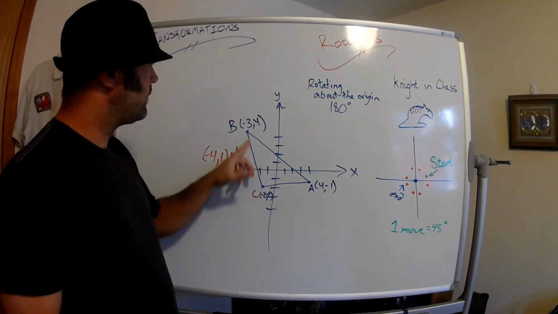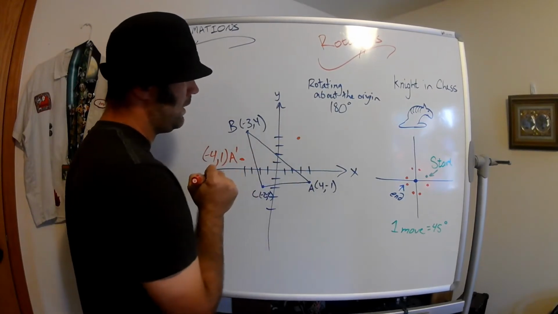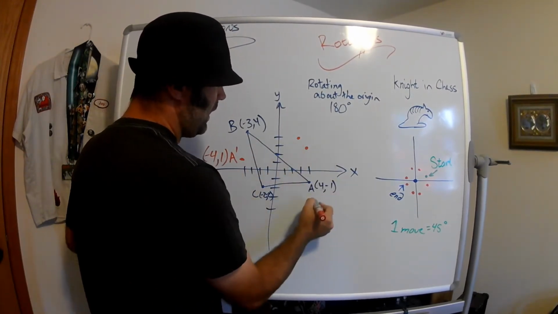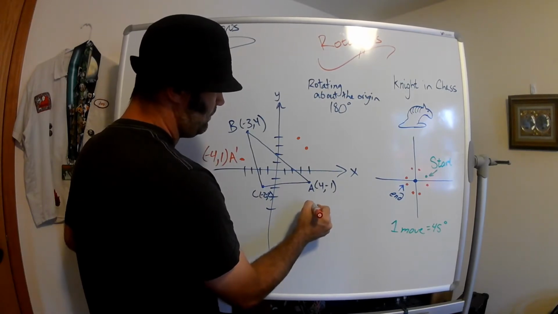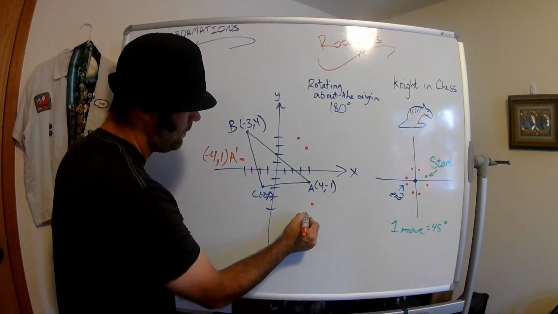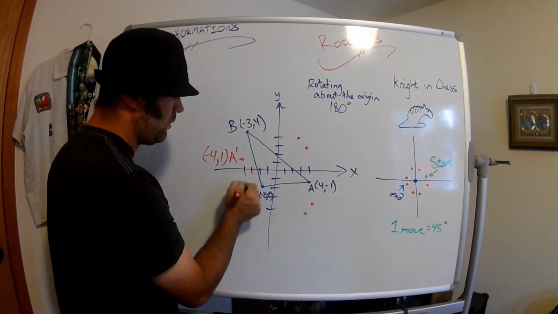Okay, so let's go ahead and do the same with B. B is left 3, up 4, so we can go right 3 as well, and up 4. We can go over 4 and up 3. And over 4 and down 3. And then we can go down 4 and over 3. Or over 4 and down 3.